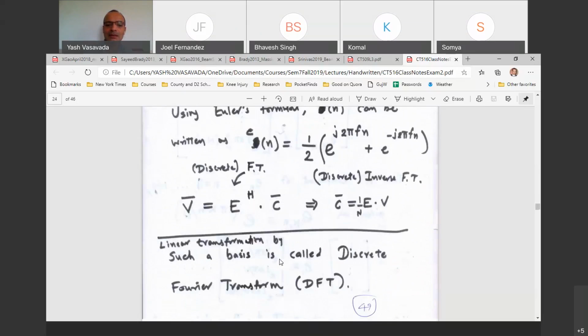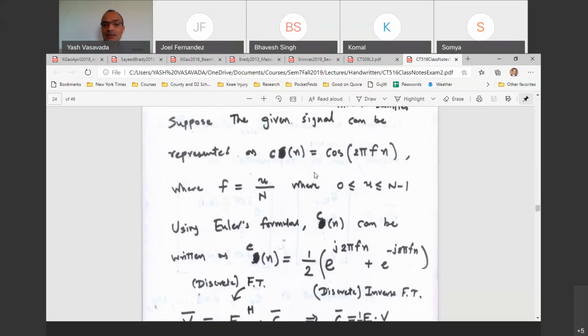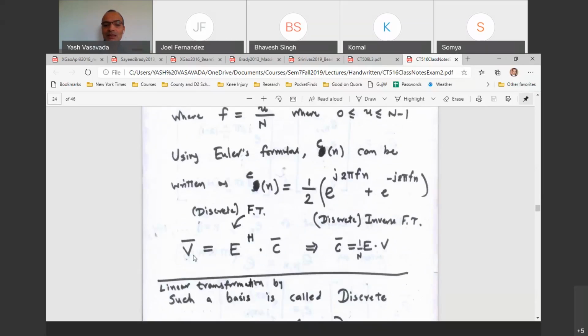And that is one such basis function which can sometimes, especially if the signal is of this particular nature, significantly simplify the signal representation.